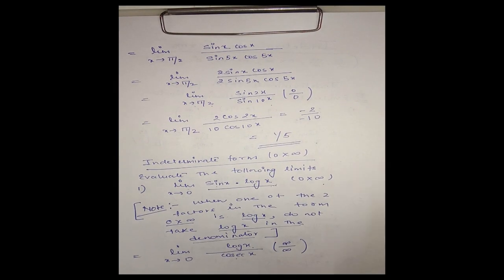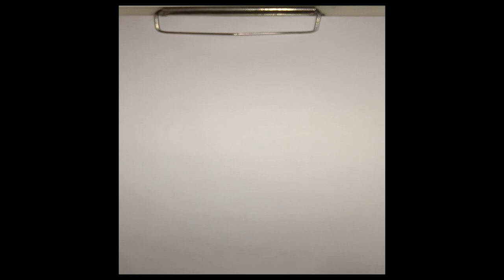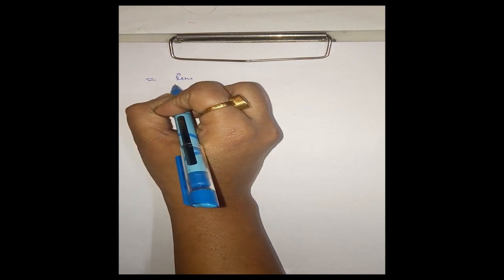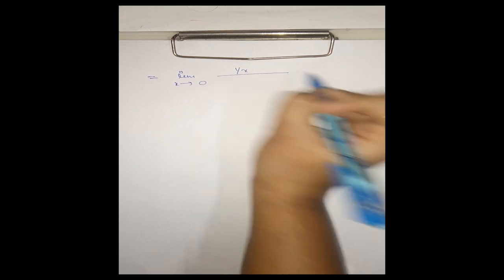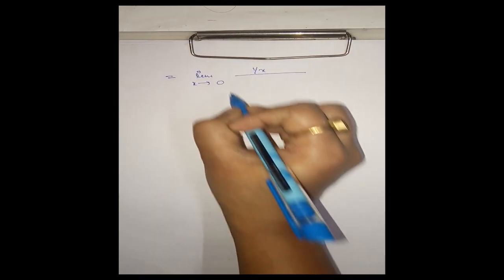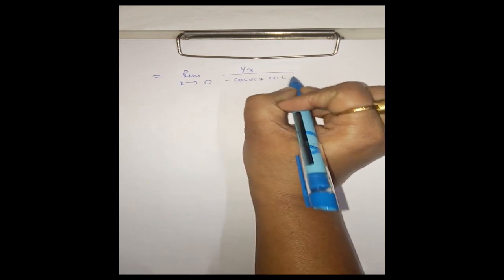Differentiating numerator and denominator separately. Don't apply quotient rule of differentiation. Okay, now this is equal to limit x tending to 0, 1 by x, derivative of log x is 1 by x, and of cosec x is minus cosec x into cot x.